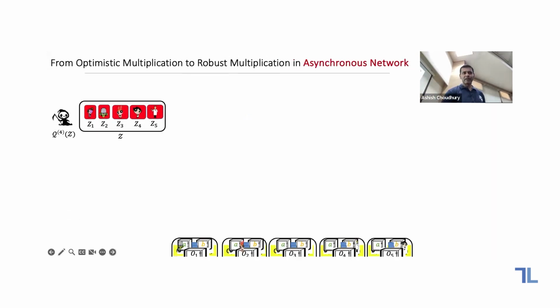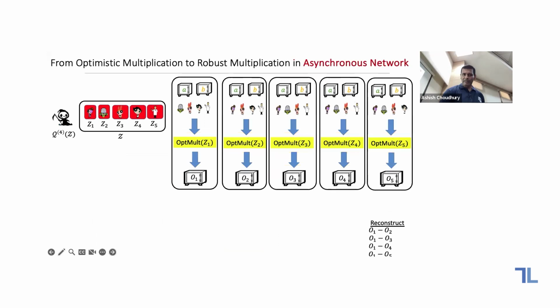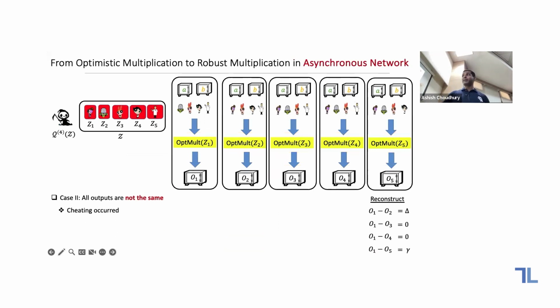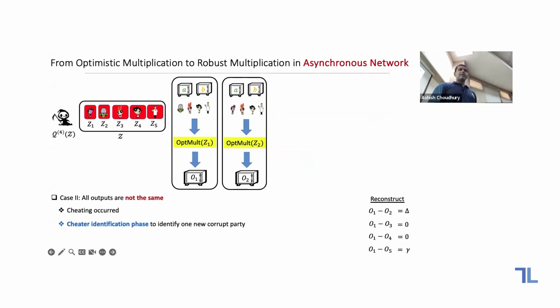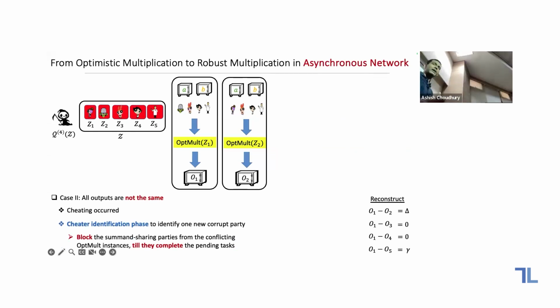So again, we run multiple instances here. We see whether all the differences are zero or not. And suppose we detect that cheating has occurred because in at least two instances the outputs are different. Now we start running the cheater identification phase, and we temporarily block the parties who have participated in these two instances till they turn up and do all their actions of the cheater identification phase of this iteration.